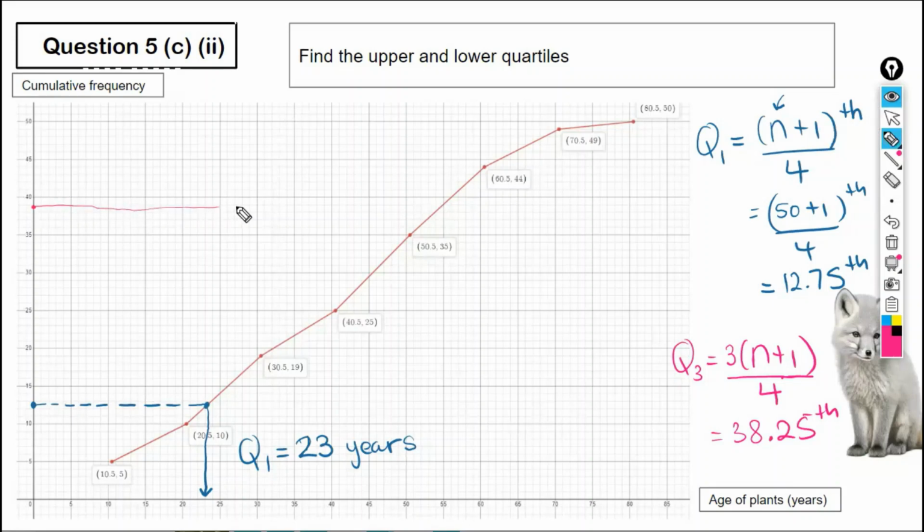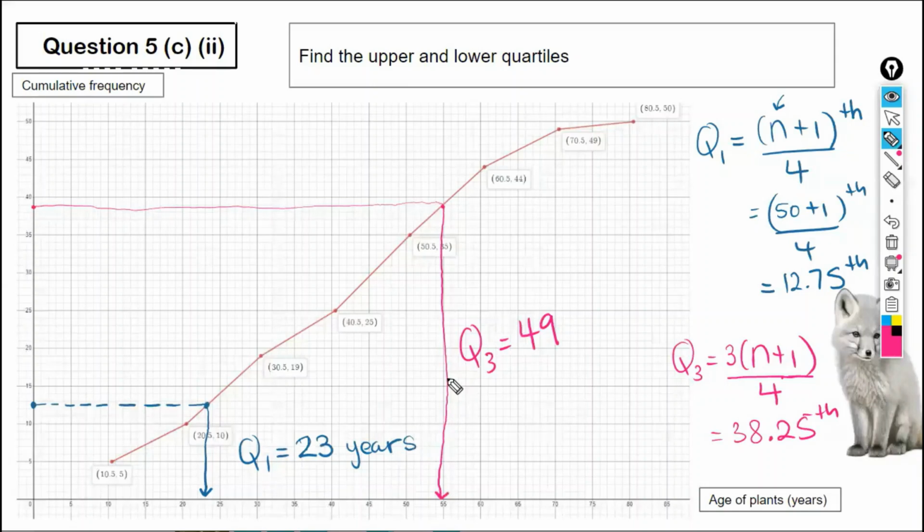Go across. I don't have a ruler, but it hits somewhere around here. I think it will fall somewhere very close to 55. I think if I had done it better than this, it would have fallen on 49. So I think Q3 would have been 49 or 49.5, right? And we're finished with that question.